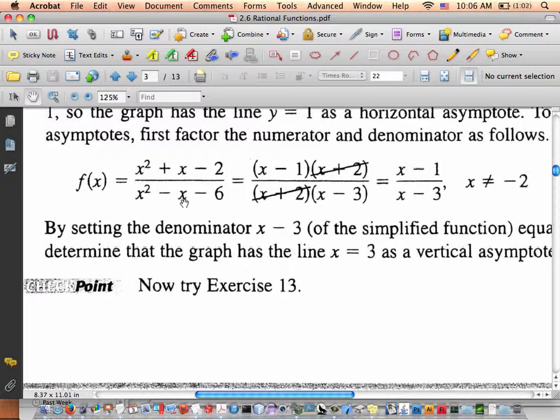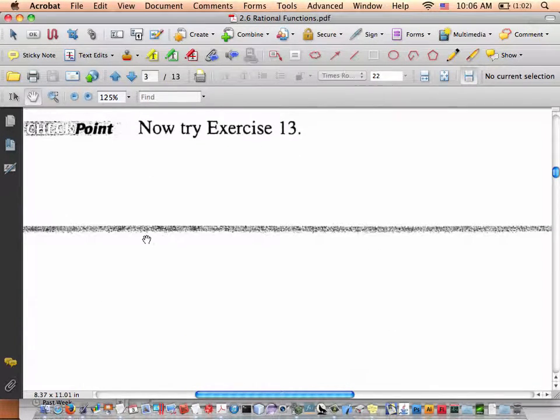It's still excluded. You can't plug it into the function, but it at least stops it from being a vertical asymptote. If you remove it, it's no longer going to explode to infinity, and that at least is nice. But you can't plug the number in, Joshua. Okay?